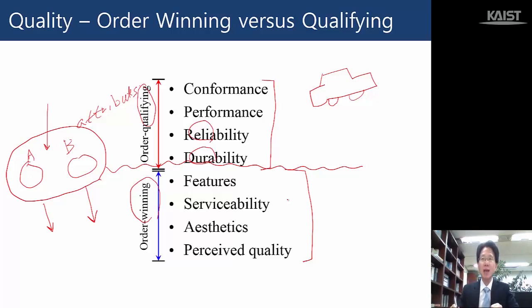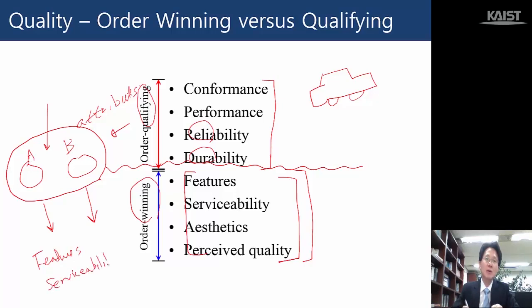Those attributes, we would just say, are part of the order winning attributes. In other words, A and B have the same level of order qualifying attributes, but product A has higher quality in terms of features or in terms of serviceability.